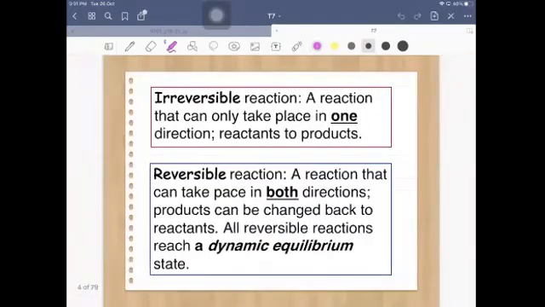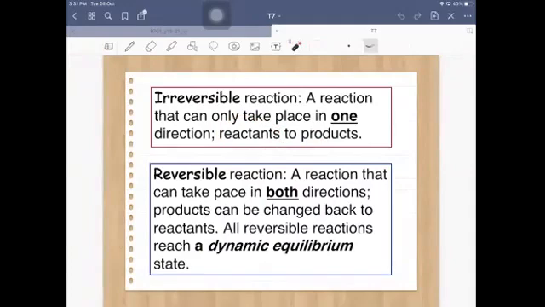Okay. First, irreversible reaction is a reaction that can only take place in one direction. That means once you have used up all your reactants to form your products, the reaction will stop. Whereas reversible reaction is a reaction that can take place in both directions. So we have a forward reaction or a backward reaction, sometimes called reverse reaction.